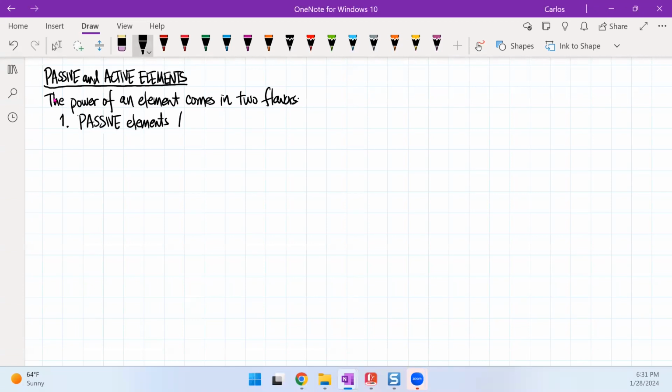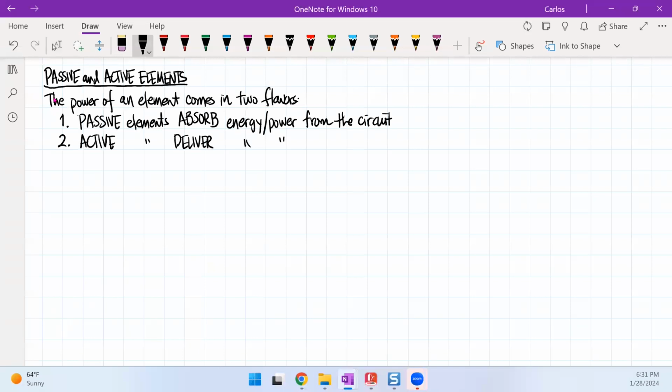Passive elements absorb energy/power from the circuit. On the other hand, active elements deliver energy and power to the circuit.